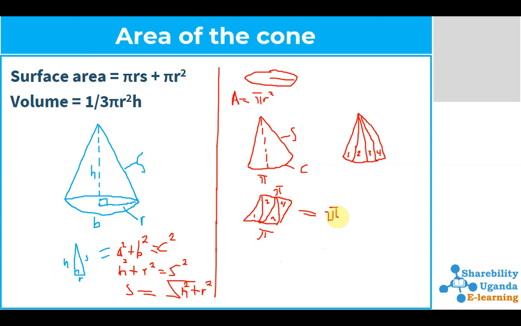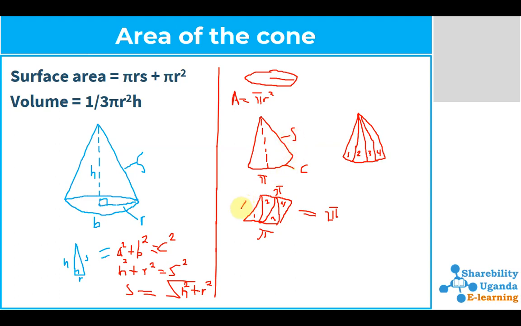Then from this we have been able to see our area of a circle. So when we are solving the area of a cone, we have seen that we have the circle itself here, which is given by our formula pi r squared. Then our cone, which is having a slant or a slope, which is s.